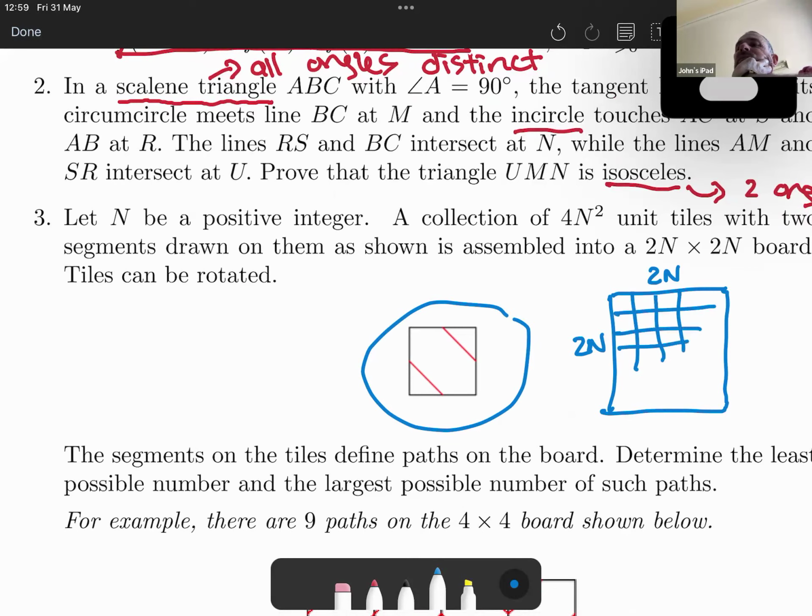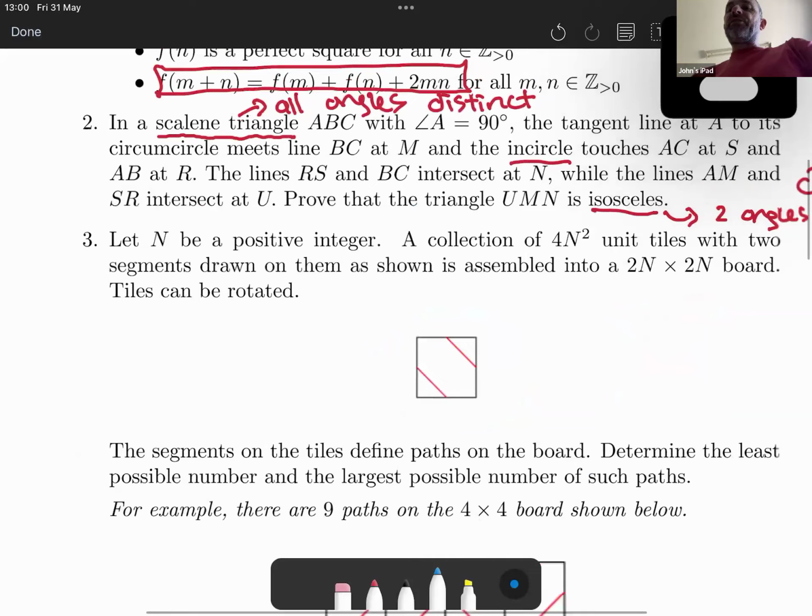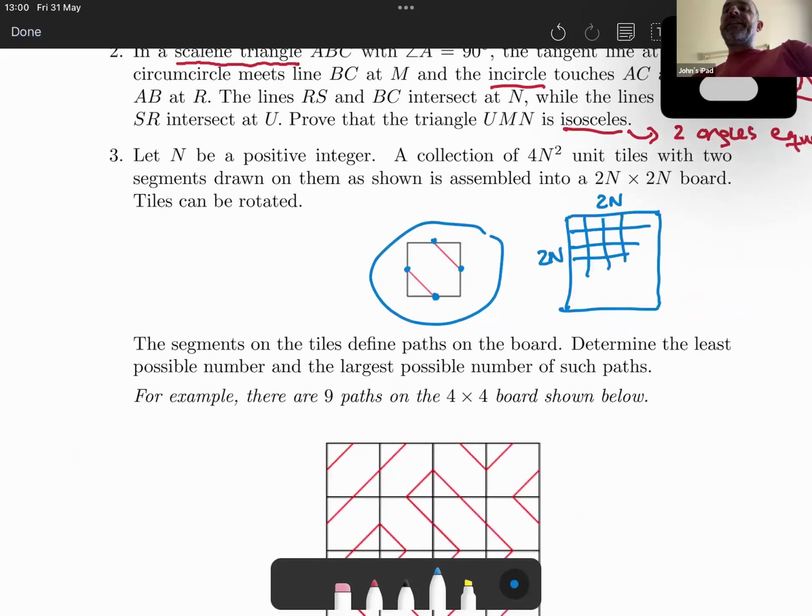And we tile them with these patterns of tiles, and it wasn't really clearly stated, but these are the midpoints of the sides. So these tiles always line up with the tiles beside them. And so you get these paths. And you're asked to find the least possible number and the largest possible number of paths that are formed.